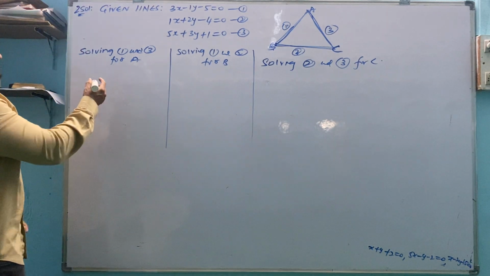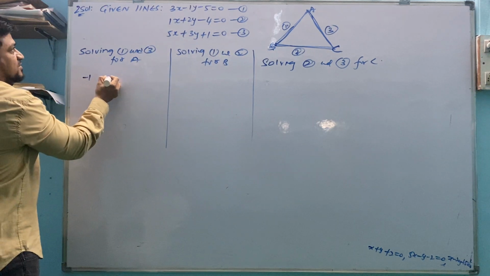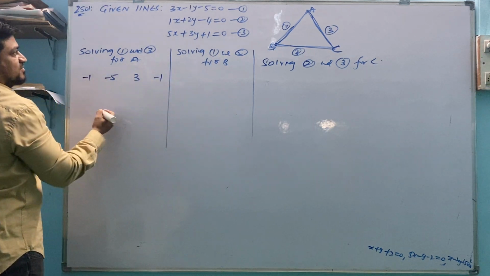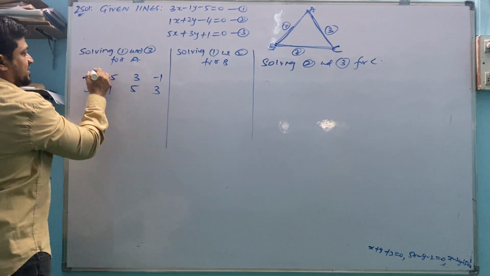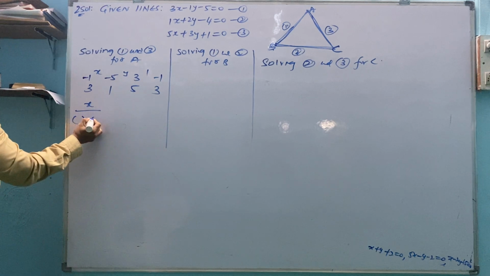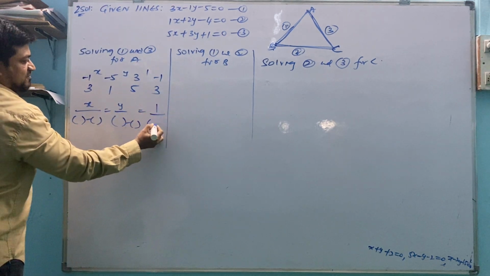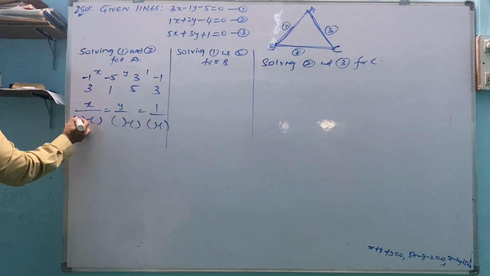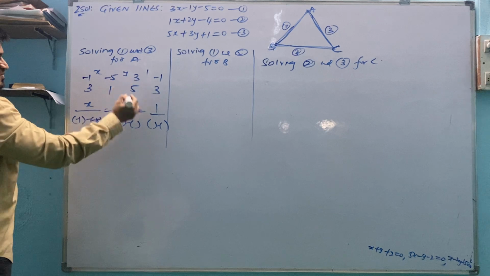Now to solve for A, 1 and 3. First equation, second term, third term, first term, second term. Then third one, second, third, first, second. X, Y, 1. X divided by AD minus BC, Y divided by AD minus BC, 1 divided by AD minus BC. Minus 1, minus 15. Here minus 25, 3.